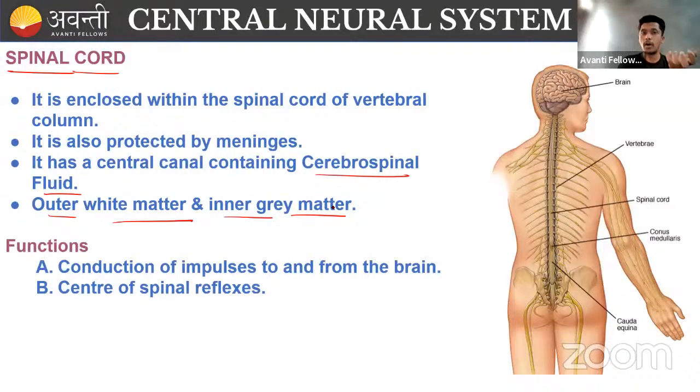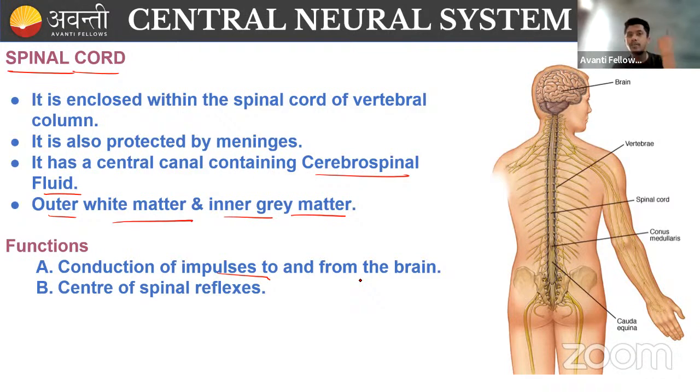When we talk about functions of your spinal cord, it conducts impulses from the site of sensation to the brain. It interlinks what is happening at the site where you have felt the pain or whatever sense you have, and then it gives you a decision to withdraw or perform any function that requires very quick decisions.